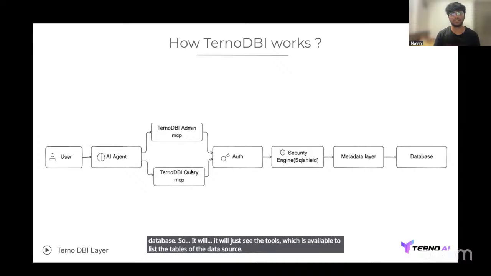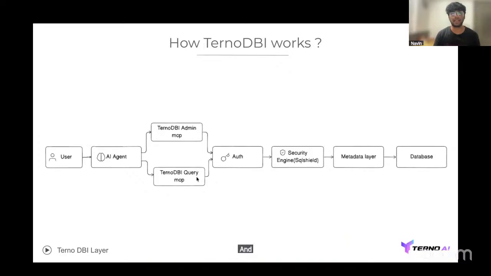It will use the list tables tool, and after that it authenticates that the user has the proper authentication to execute that tool and see the tables of that data source.